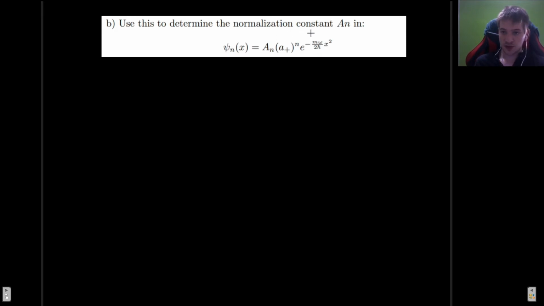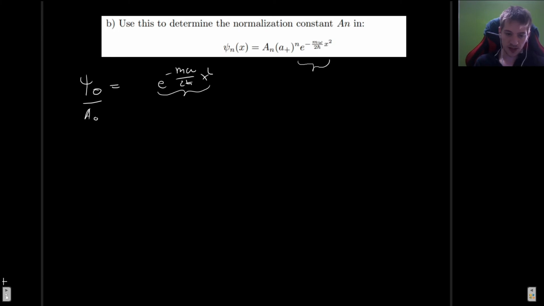So the way to do that is first to realize that this thing right here is, because the ground state was just some normalization constant times e to the minus m omega divided by 2 h bar x squared, just psi 0 divided by a0.